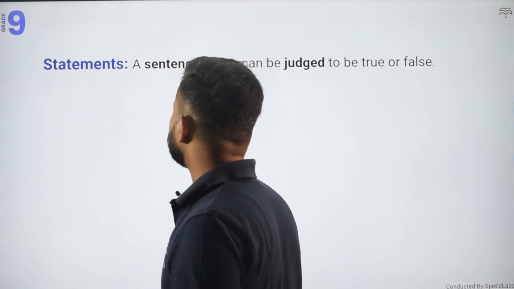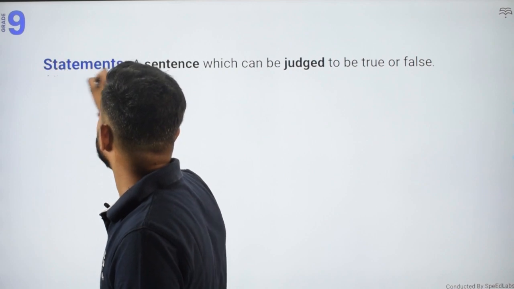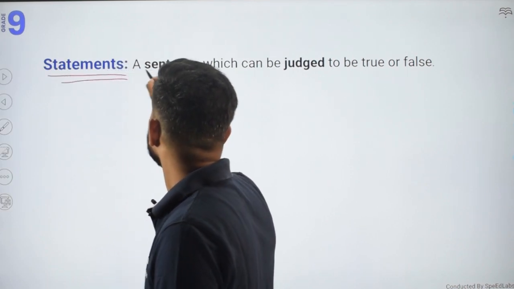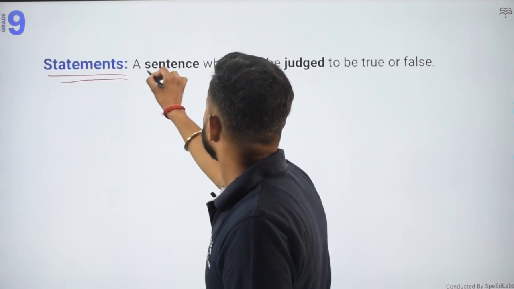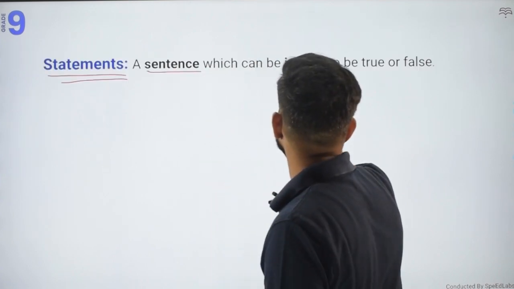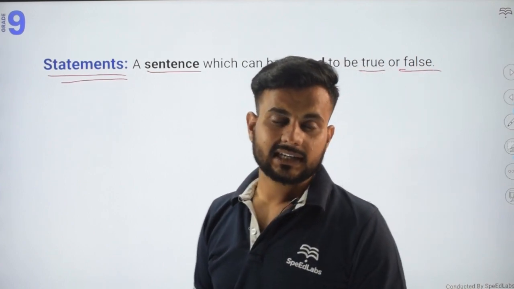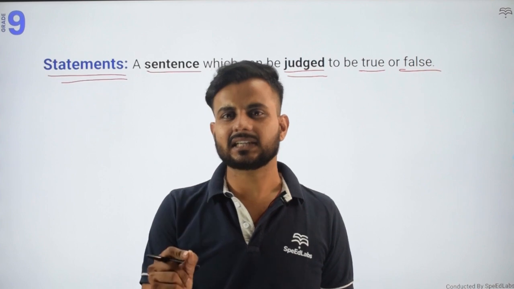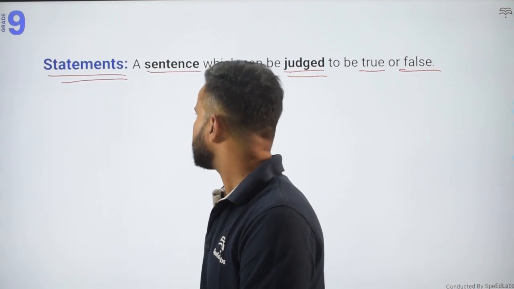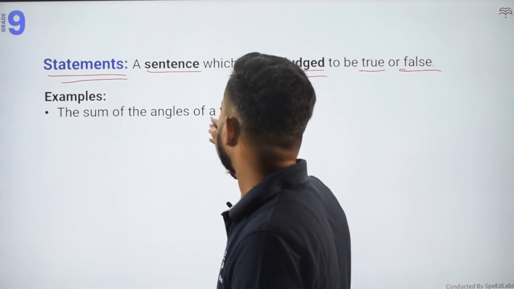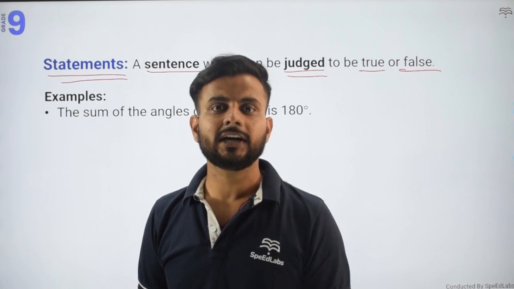Then he says a few more things. If I'm talking about statements, what is a statement? It is a sentence which can be judged as true or false, right? For example, if I'm saying the sum of the angles of a triangle is 180, you can judge whether it is true or not.